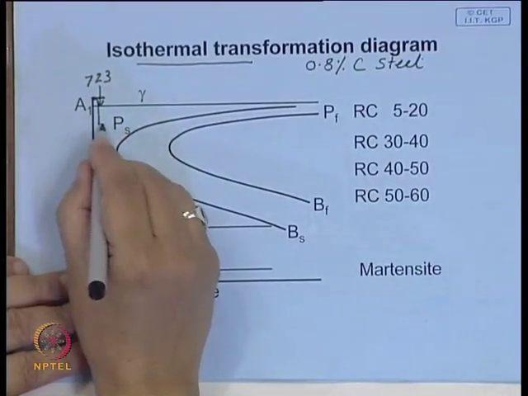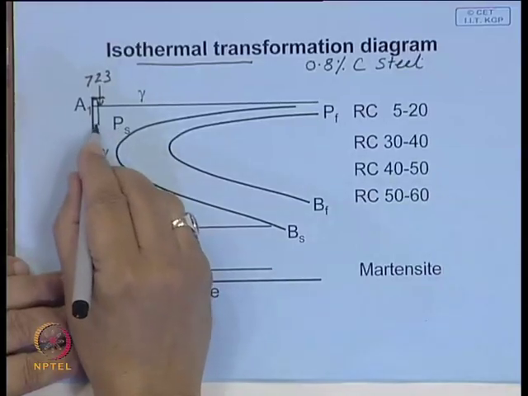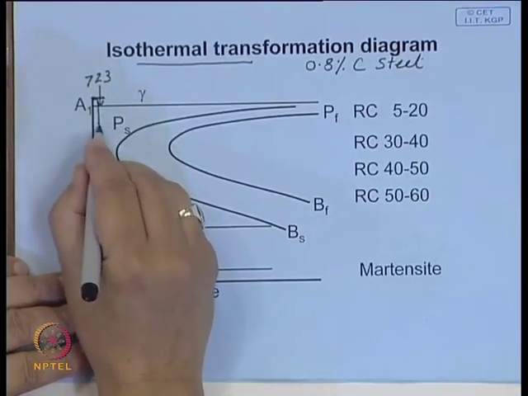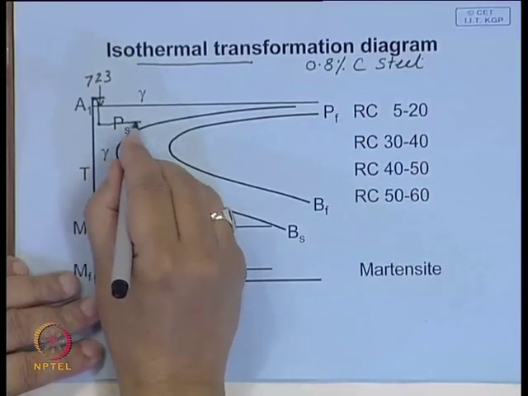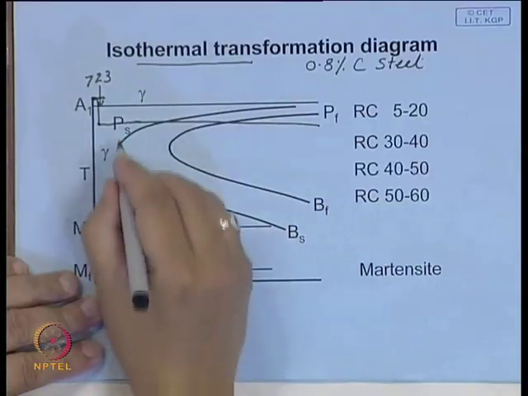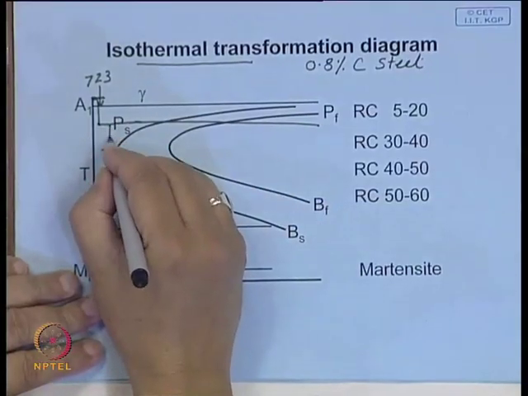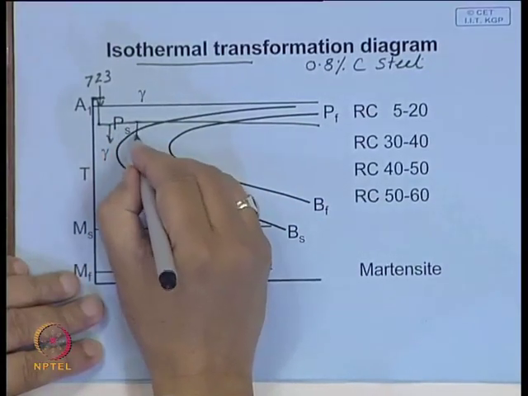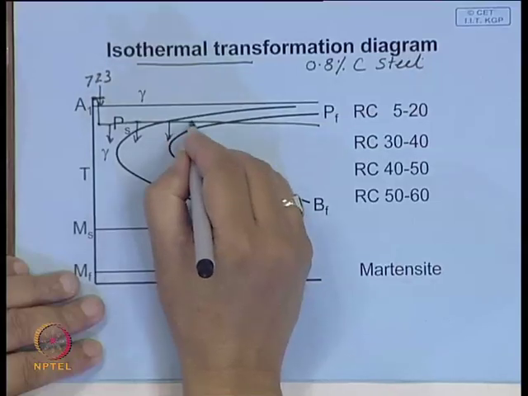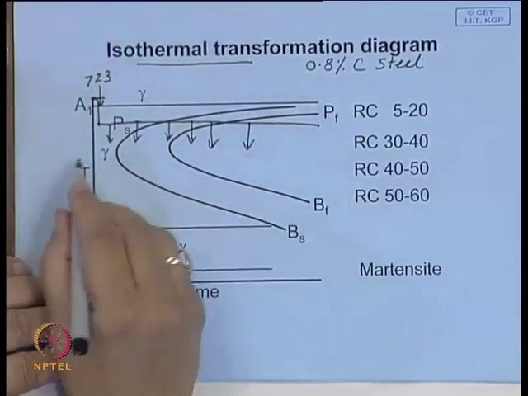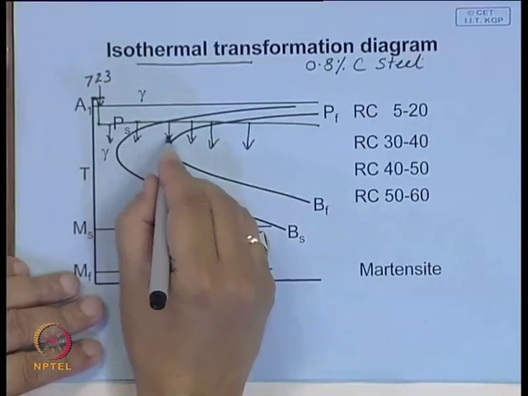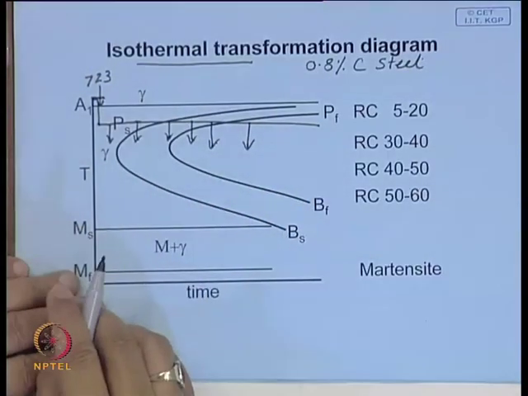Let us say you have a bath, say a molten lead bath, you have dipped the sample in it, and suppose you keep it for different lengths of time and then quench, one after this time, another after this time, and you can look at the microstructure of each of these at room temperature.